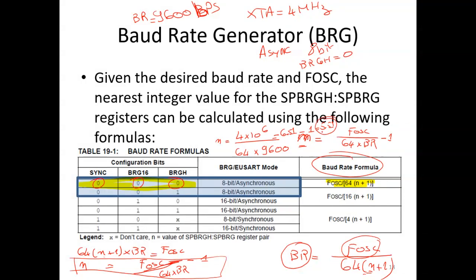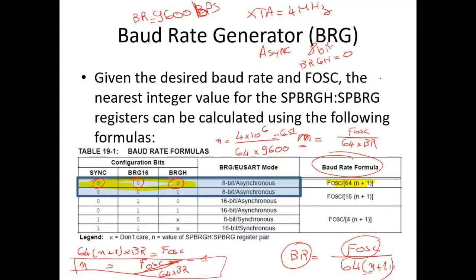Now, what is the nearest value to 5.51? The nearest value is 6. So in that case, we can select n equals 6.